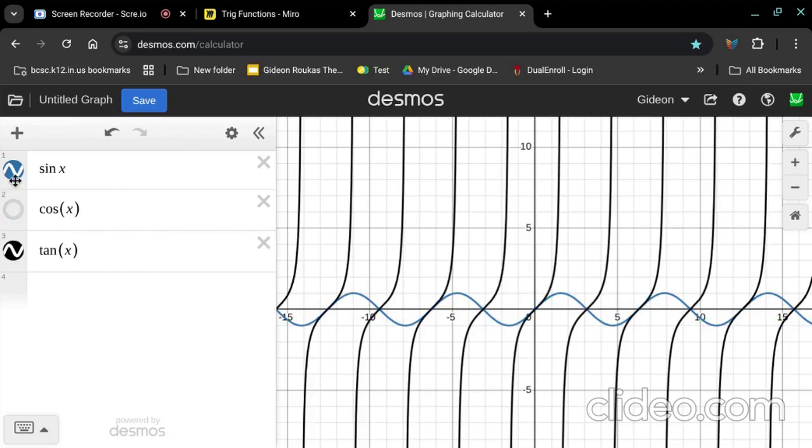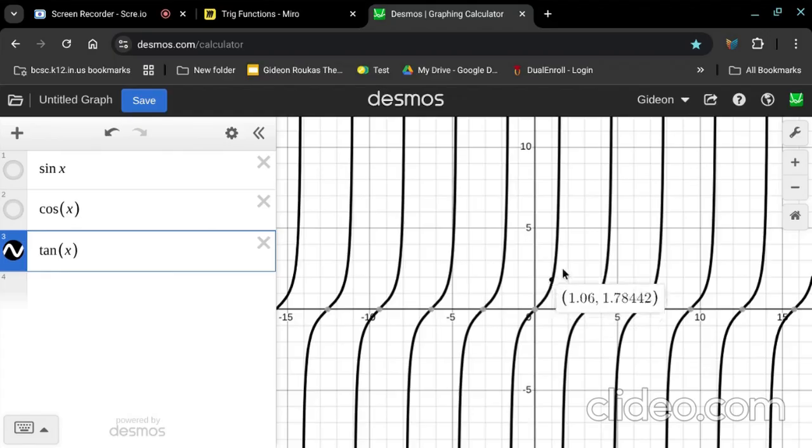Tangent is way different, as you can tell. It goes way up and then restarts here. It looks kind of like an x cubed graph that's repeated over and over. The reason it looks this way is because when you use tangent, your sides are going to end up getting closer and closer to infinity, and then they're going to reset all the way down to the very bottom.